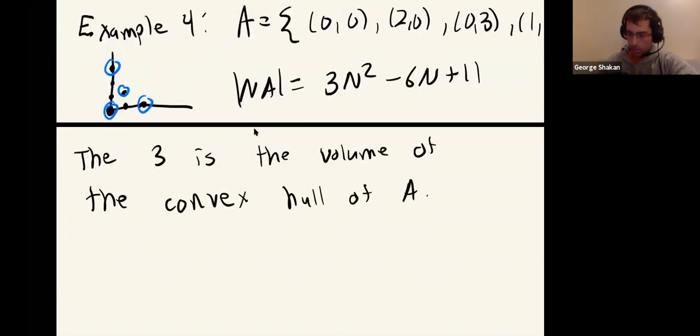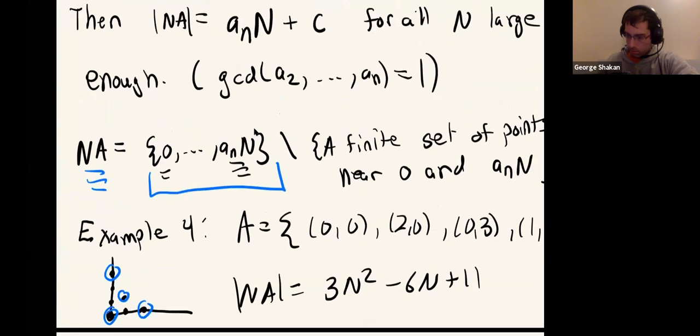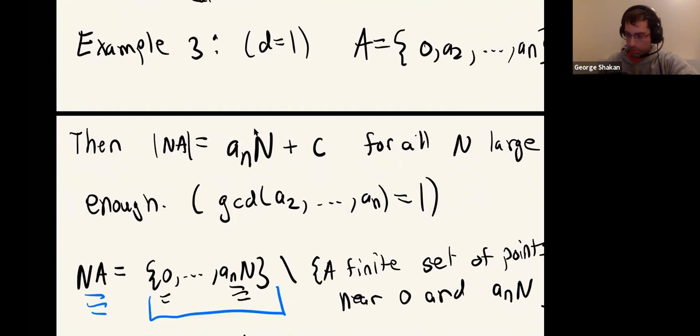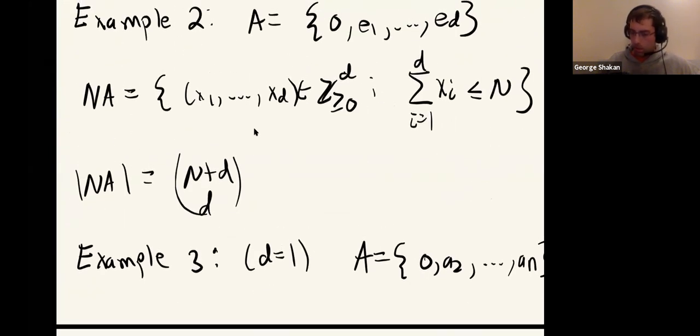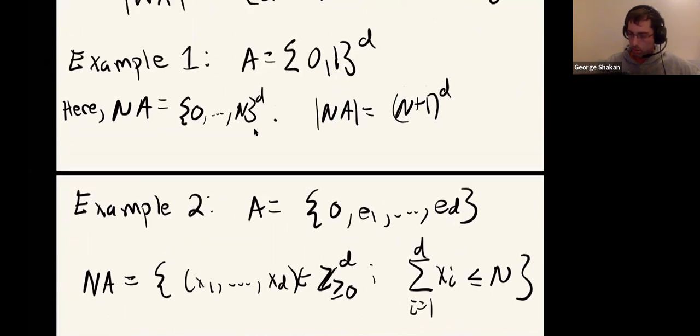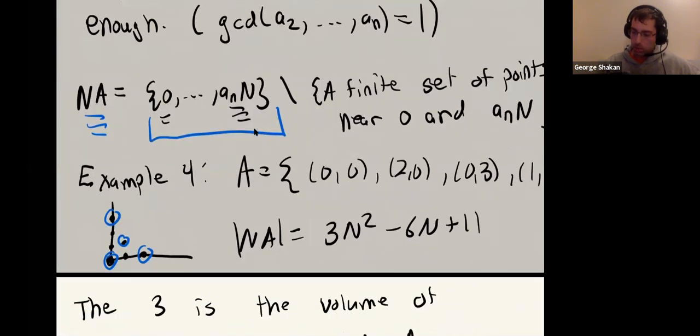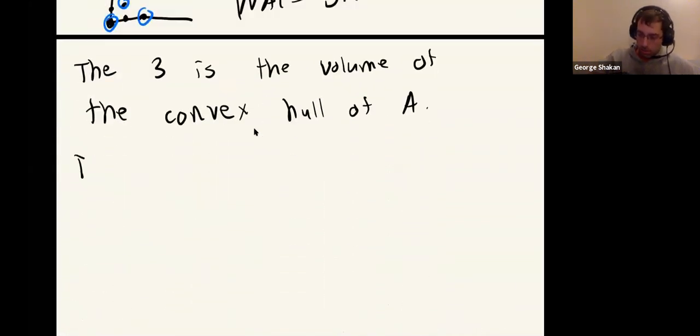Okay, so I gave you a few examples. Here we had a quadratic polynomial in 2 dimensions, and in 1 dimension we had a linear polynomial. I guess I should mention in 1 dimension this is related to the so-called, okay, maybe I won't mention. In example 2, the cardinality of the n-fold sumset is a polynomial of degree d in n, and similarly for the d-dimensional cube we had a polynomial. So there's a nice theorem, of course, you can probably already guess what I'm going to say.